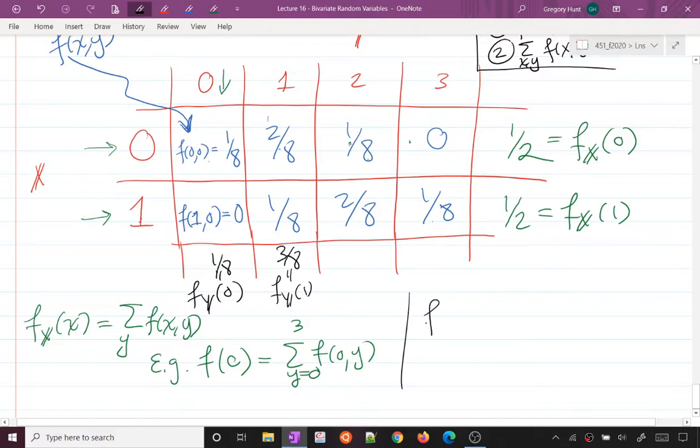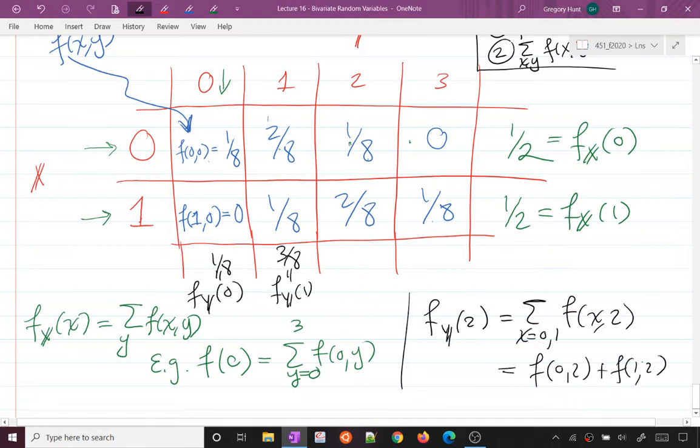Because if I want f y of, let's say, 2, that is the sum over x is 0 and 1 of f of x, 2. So it's f of 0, 2 plus f of 1, 2, right? Summing across this column. Again, 3/8 is f y of 2, and 1/8 is f y of 3.